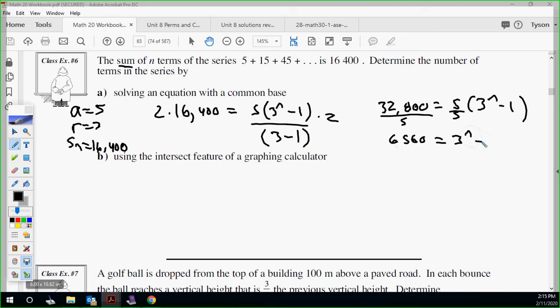Okay, and then we're going to add 1, 6561, equals 3 to the n. And now we're trying to figure out 3 to what power is 6561? 8, good. So 3 to the 8th is 6561, so n is 8.